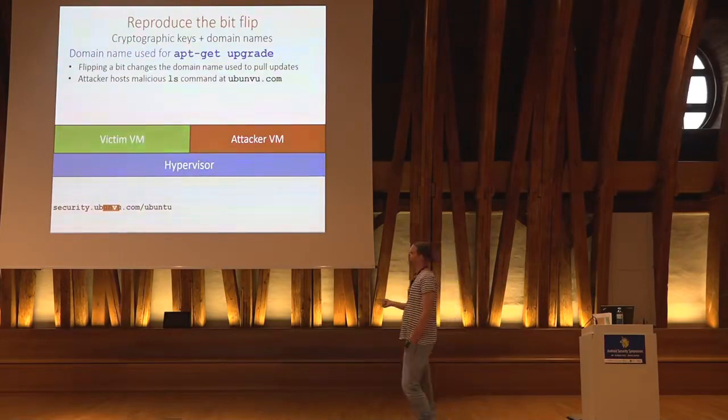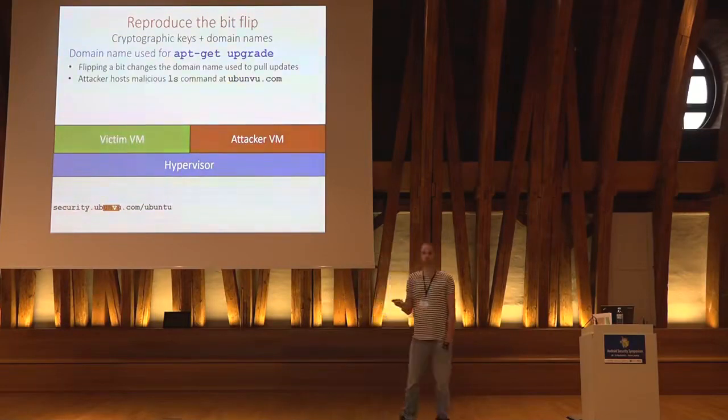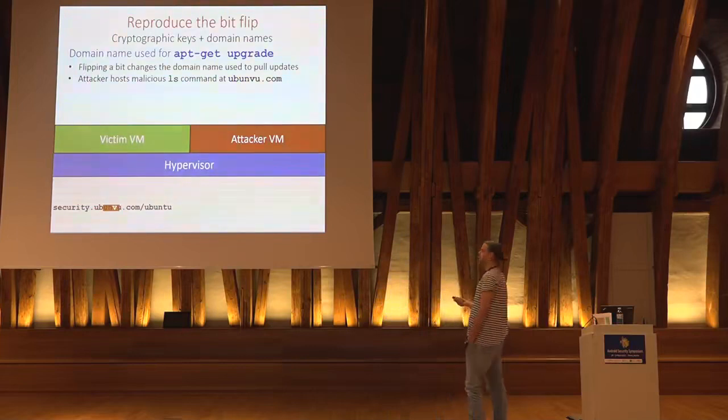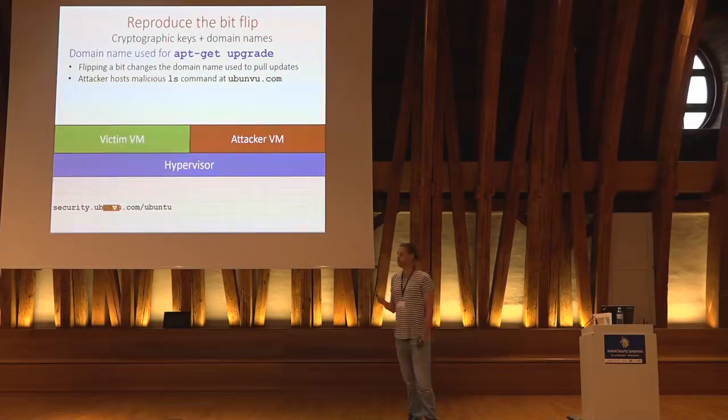But if this domain is stored in a location in memory where we flip a bit, then we can change ubuntu.com into a different domain. And if the attacker bought this domain, which we did, he can now host malicious packages.